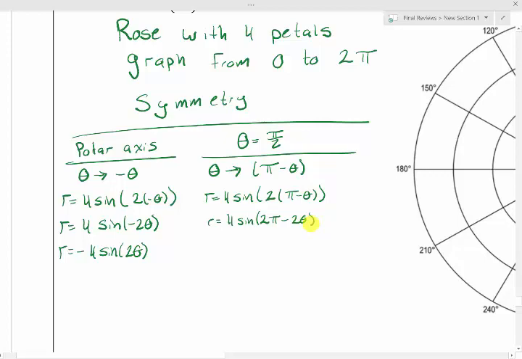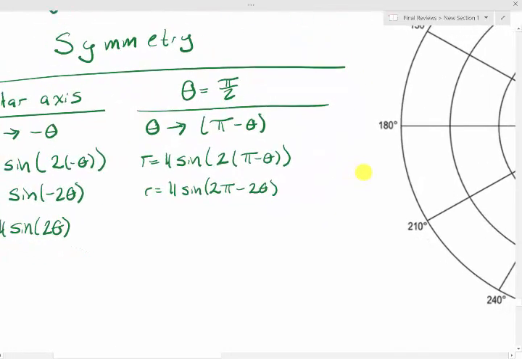Now, I want to get rid of that angle on the inside of my function. If we remember, I can add or subtract 2 pi from the argument of any of my functions, and it still gives me the same answer. So if I were to subtract 2 pi from this argument here, I would just get negative 2 theta. So r equals 4 times the sine of negative 2 theta.